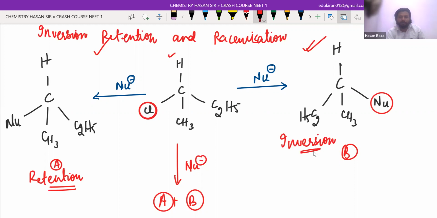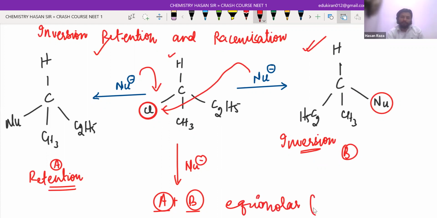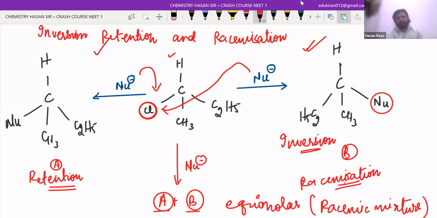And if you are going to do a reaction in which both have possibilities, front attack as well as back attack, and if you are getting them in equimolar amounts, that means both same molar, this type of mixture is known as racemic mixture. If you are getting both A and B, front attack or back attack, racemic mixture, and the process is known as racemization. Is that clear, everyone?